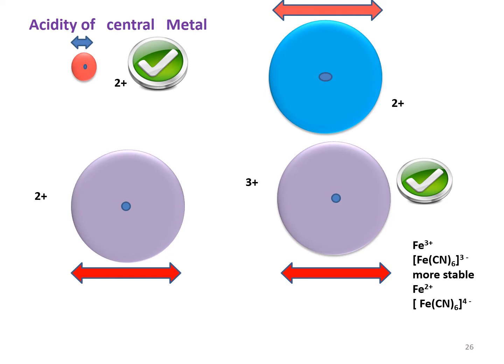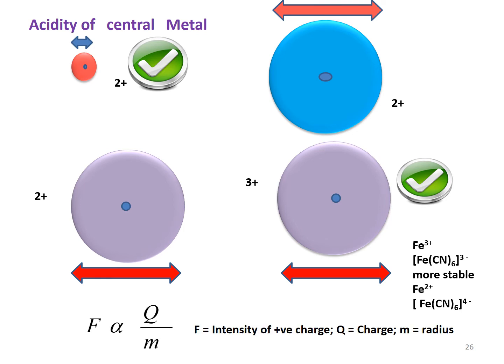For example, the ferric cyanide complex is more stable than the ferrous cyanide complex. Again, the formula discusses the same theory.